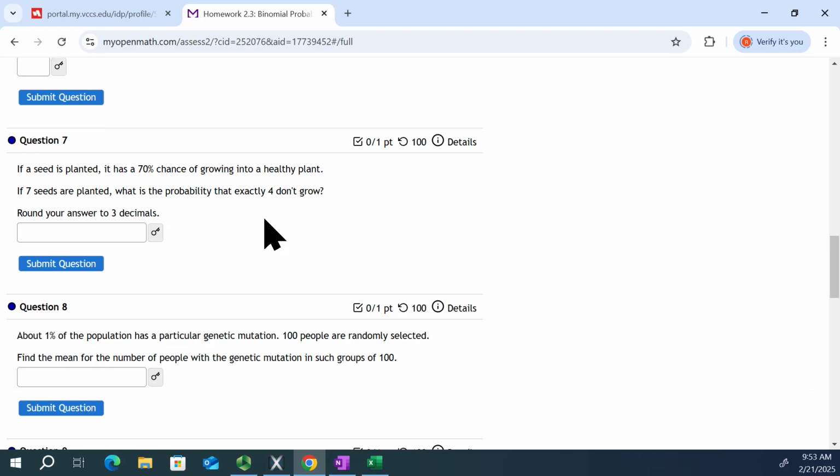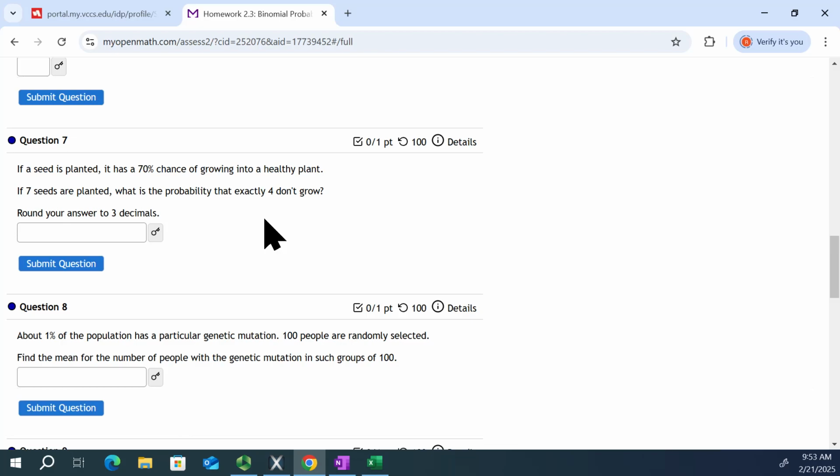What's the probability of growing into a healthy plant? 70%, 0.7. What's a success? Don't grow.